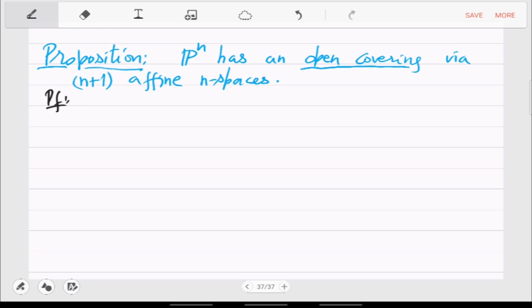So this is just, you look at the following closed set.